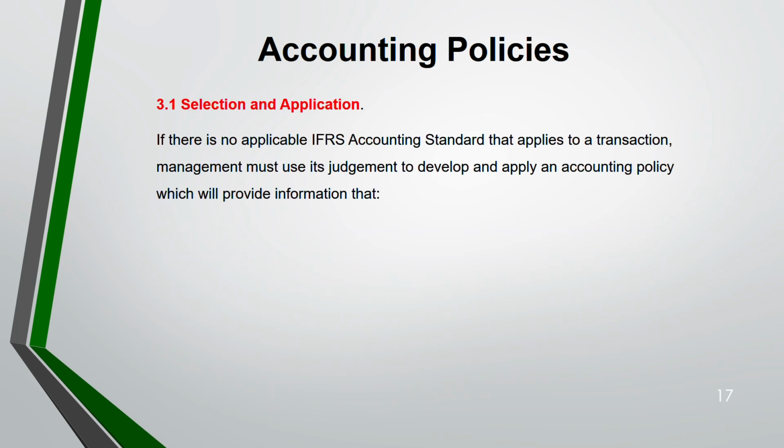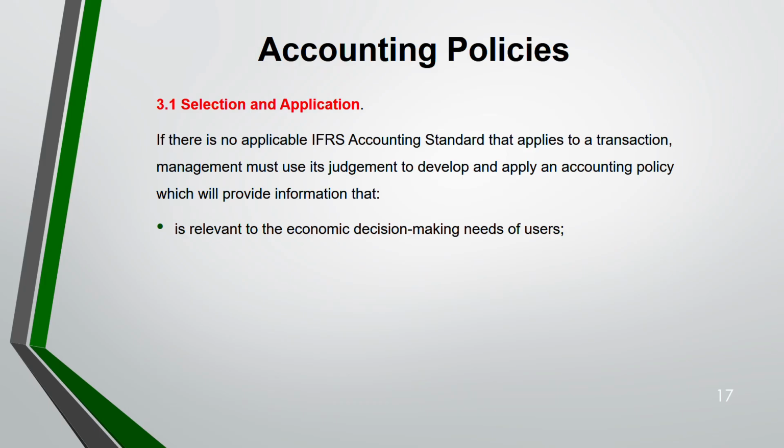Now, what happens? See, when there is an IFRS standard, you go by that IFRS standard and apply the accounting policy. But what if there is no IFRS standard for a transaction? Then management should use their judgment and develop and apply an accounting policy which will provide information that is relevant to the economic decision making needs of users. See, when you're choosing an accounting policy, make sure that it is relevant to the decision making needs of the user. You just can't make any accounting policy and apply it for your own goodwill.